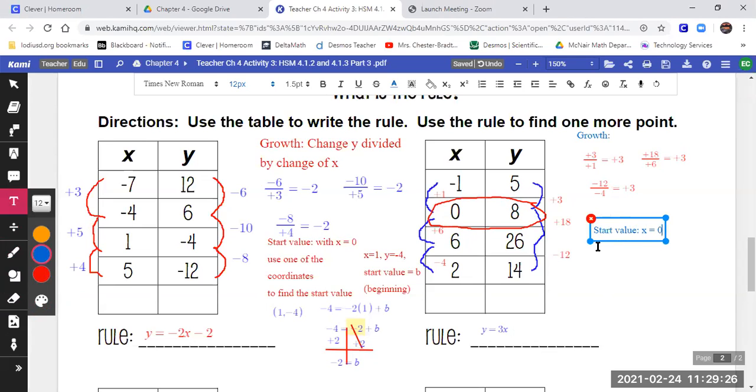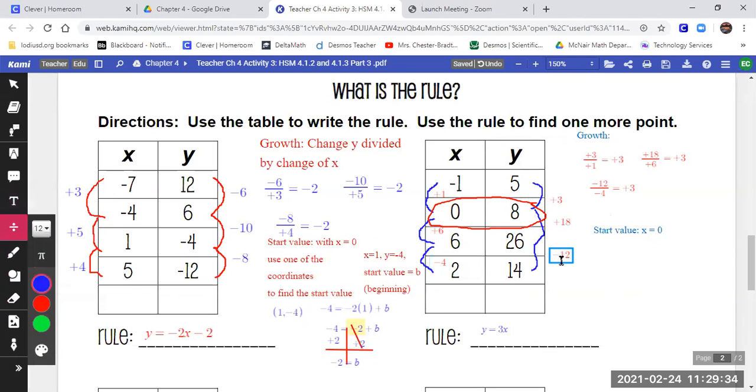And for this problem, that Y was +8. Yes, you need the sign. Thank you, Christian. So our start value is that Y equals +8 when X equals 0. Okay.